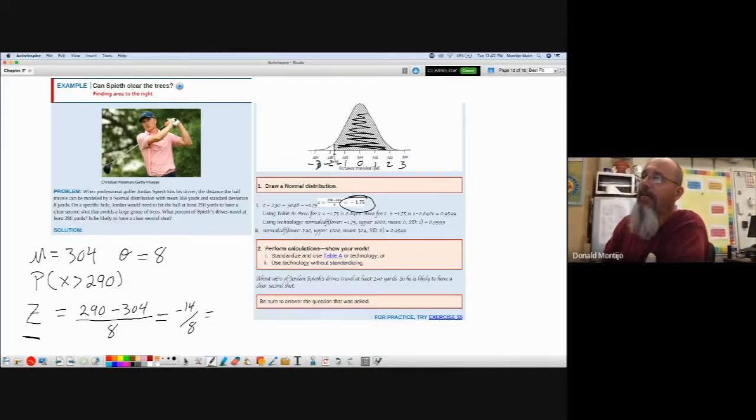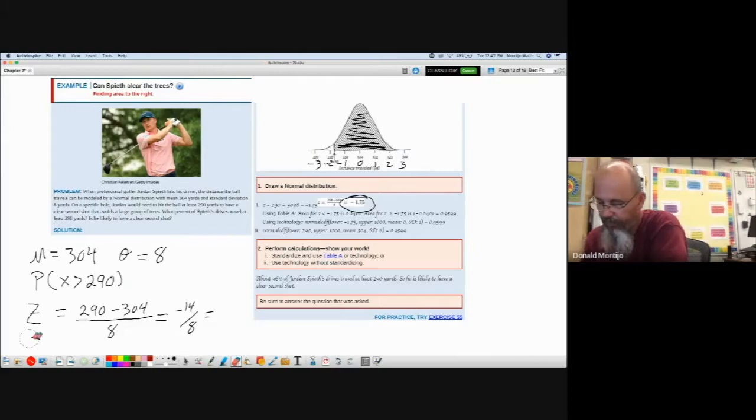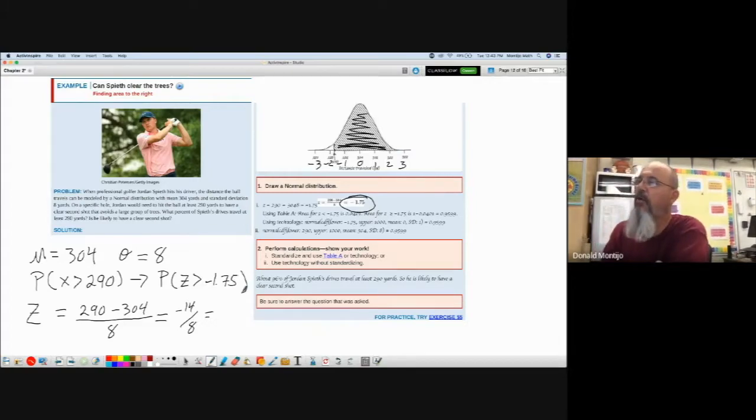So it's the same picture, but I have changed the mean and the standard deviations. Once I've done this z-score here, then I have changed this problem from the probability that x is greater than 290 to the proportion or probability that z is greater than negative 1.75. It's the same exact question.